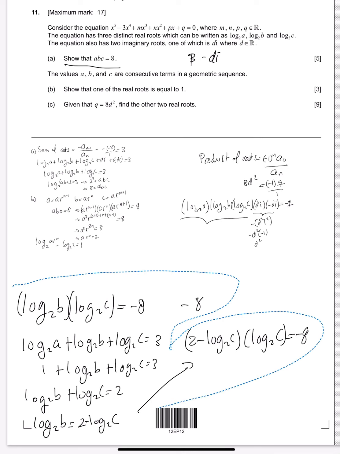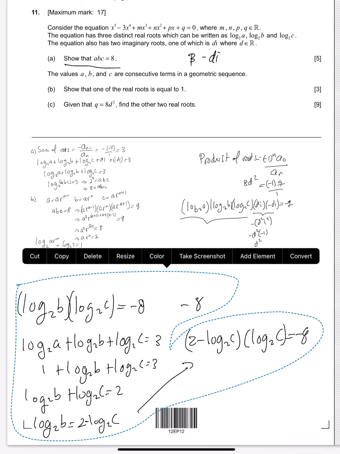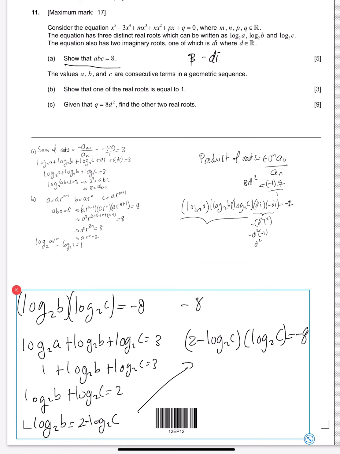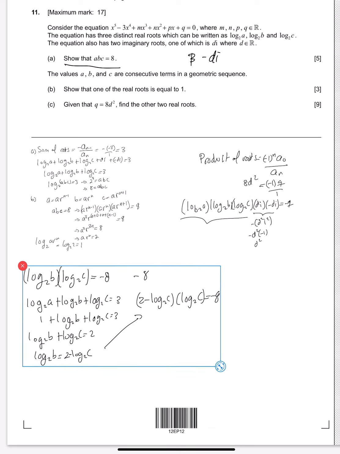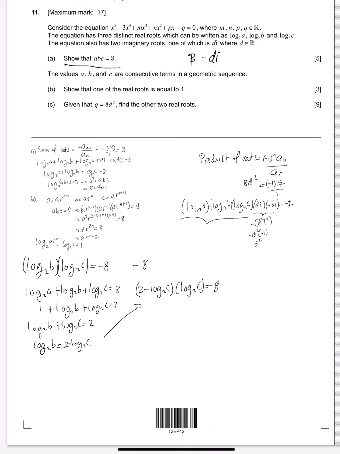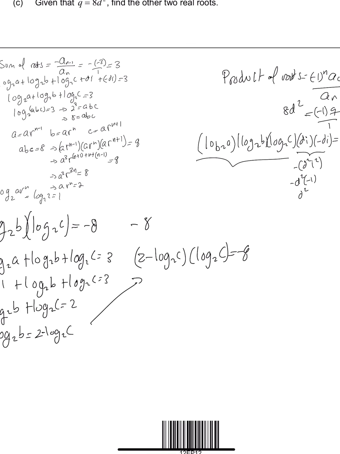You know what, let's take everything. Okay, and so let's resize this. All right, so once we're here, I'm going to just expand this out. So we have 2 log base 2 of c minus log base 2 of c, and this is squared, and that's equal to minus 8. This is going to look like a quadratic.